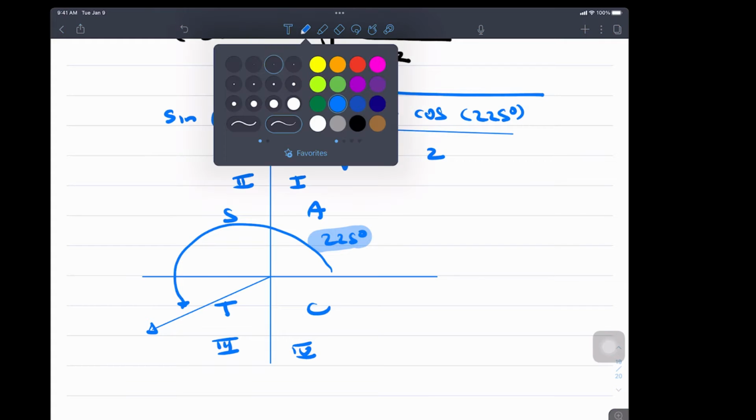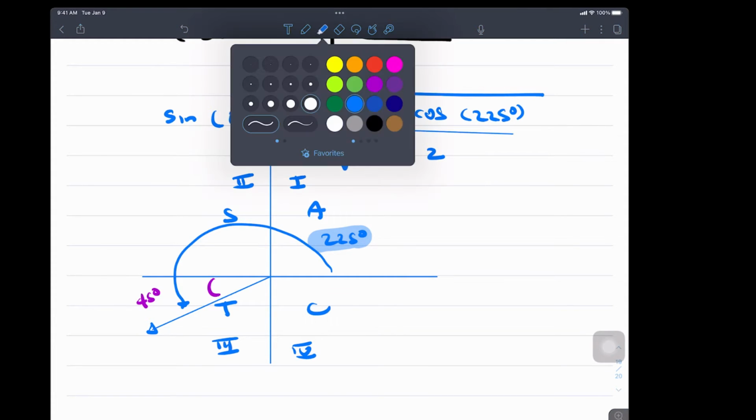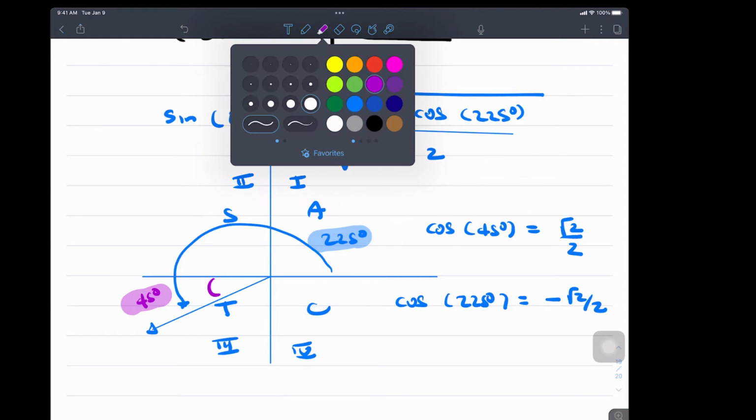What is this going to give you? 45 degrees. Okay. So what do we know? Cosine of the reference angle is square root of 2 over 2. Is that true? But cosine of the angle now, because this is in quadrant 3, is negative square root of 2 over 2. Okay, you guys okay with that?